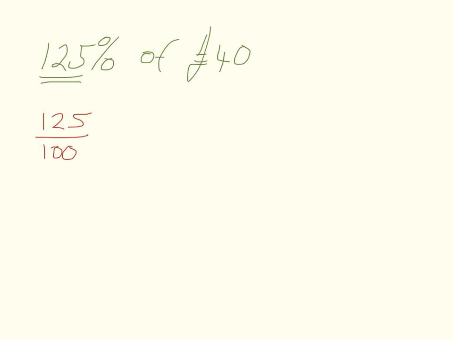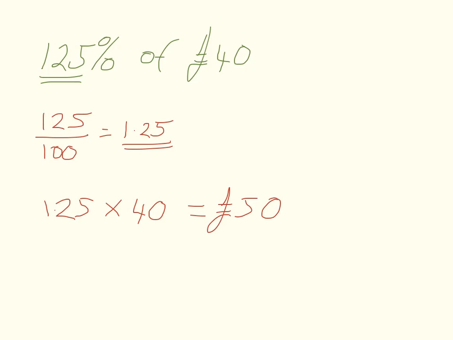So if I just pop that in my calculator, what I find is that is 1.25. So that's what I'm going to multiply by this time. So I'm going to do 1.25 multiplied by 40, and I get £50.